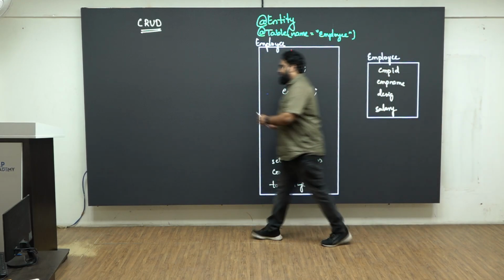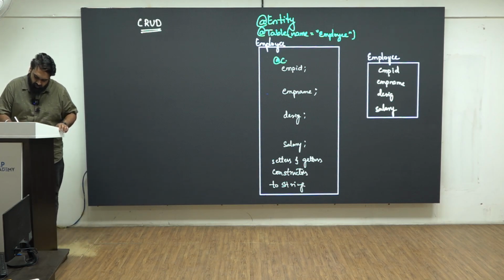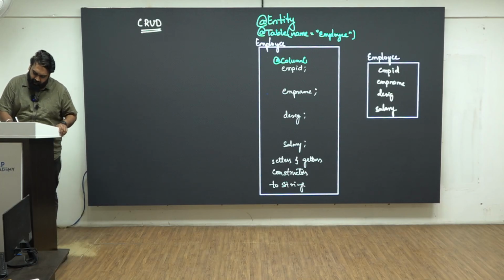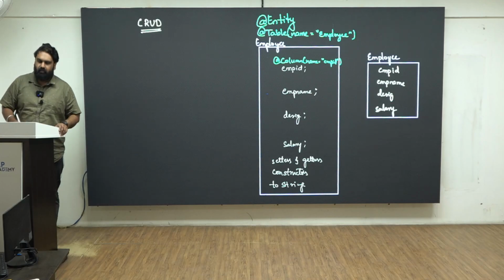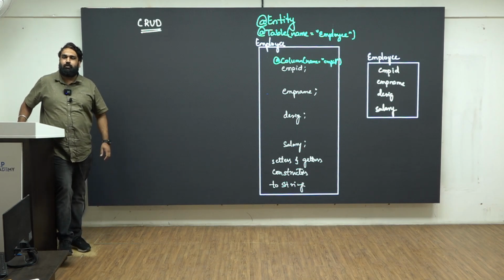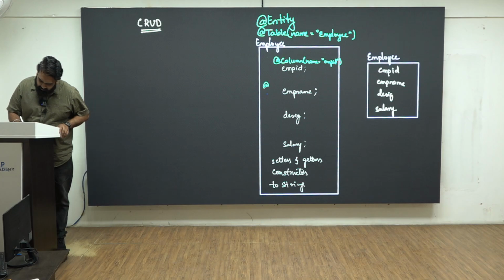Which means I will write one annotation here called @Column annotation. For which column is it mapped? name is equal to EMP ID. I hope you understand this. Same way, employee name, where is it mapped to? Column called employee name, sir. So here also I will say @Column name is equal to EMP name.